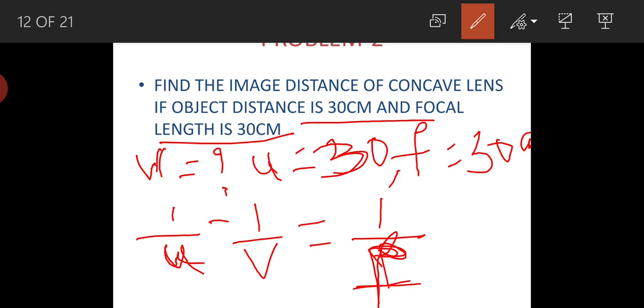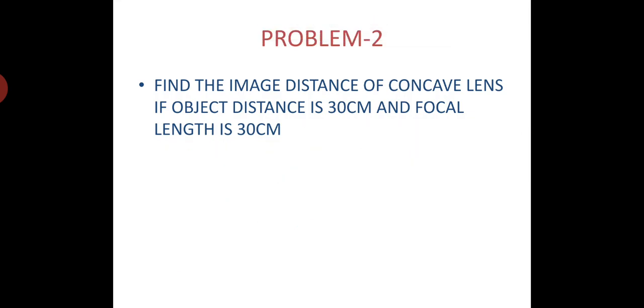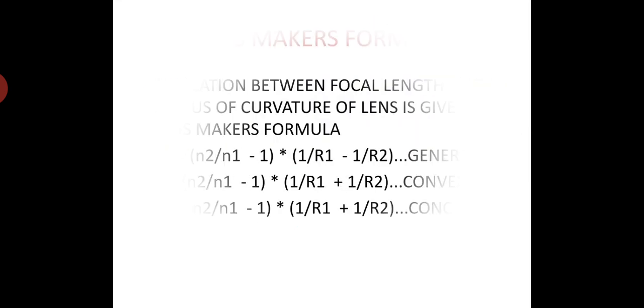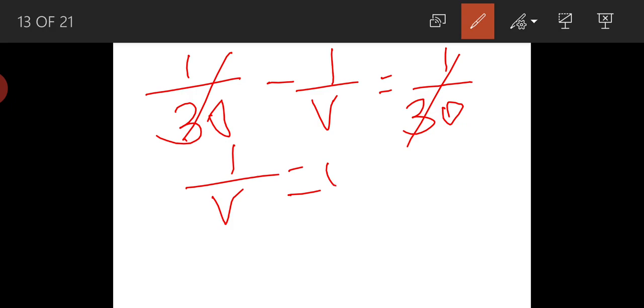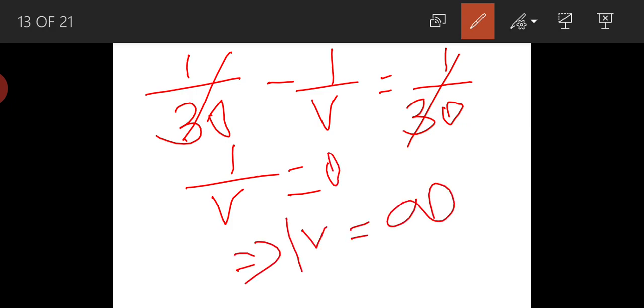On substituting these values, u is 30 centimeters, so 1 by u is 1 by 30, minus 1 by v is equal to 1 by f, and f is also 30 centimeters. So 1 by 30 and 1 by 30 get cancelled. So 1 by v is equal to 0. From this, v is equal to infinity.